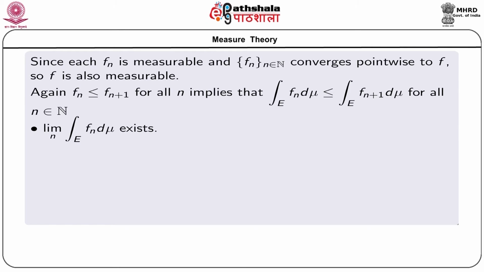So, limit n integral over E Fn dμ always exists. Now, if the limit is infinity, then actually there is nothing to prove. So, we will prove only the case when the limit is finite.